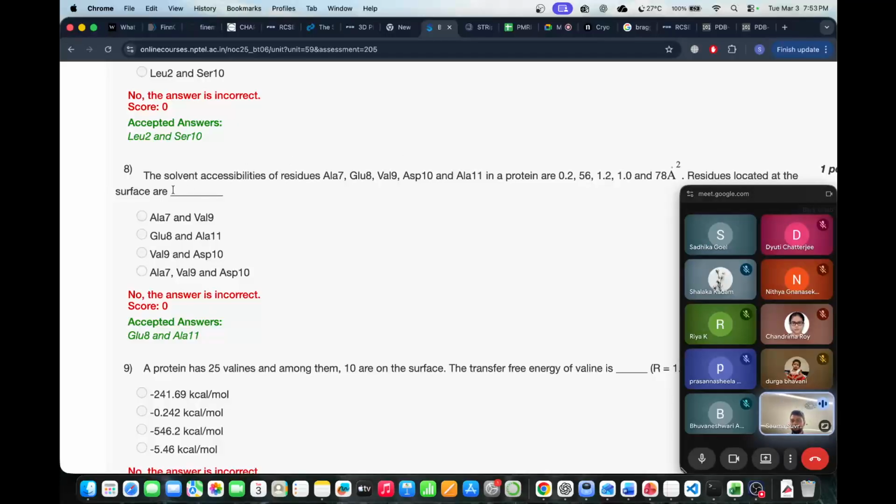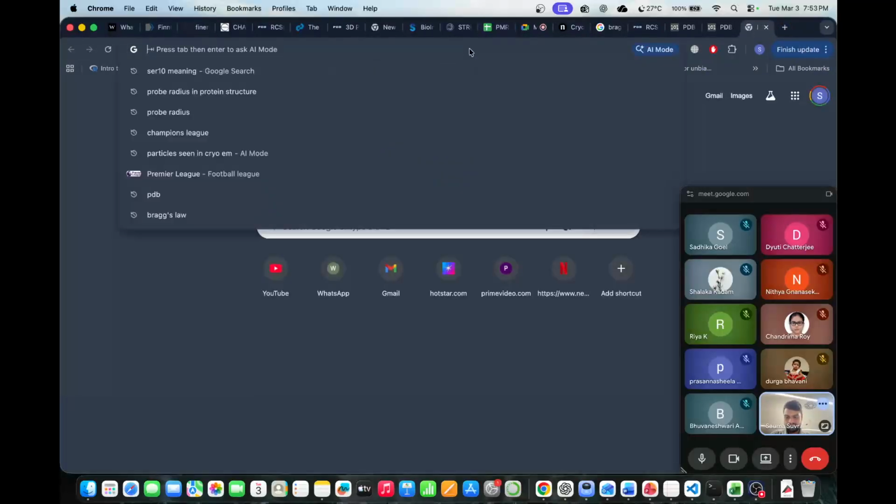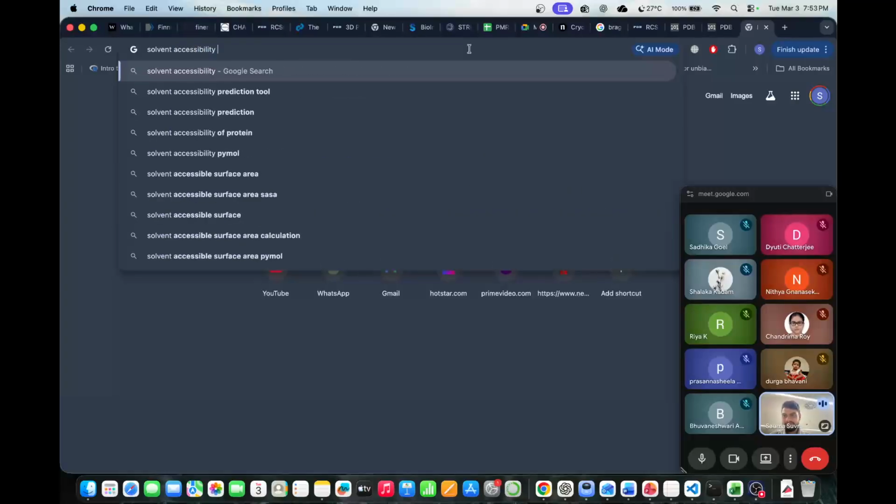Also, let me check solvent accessibility.